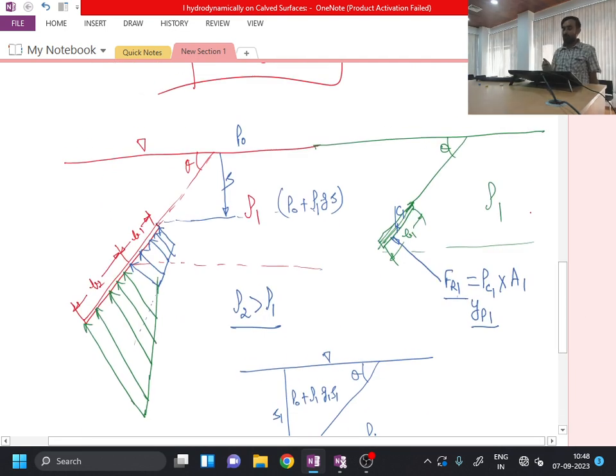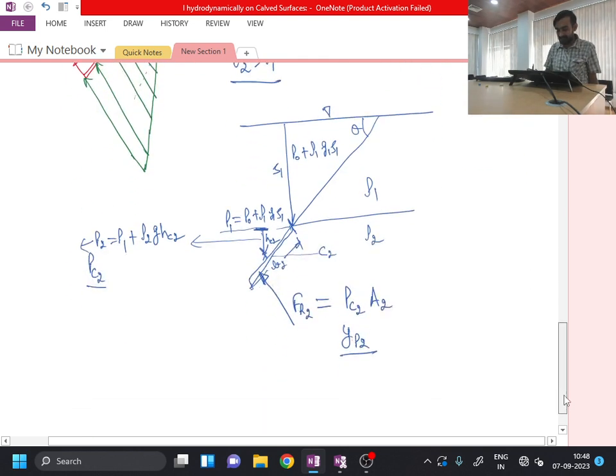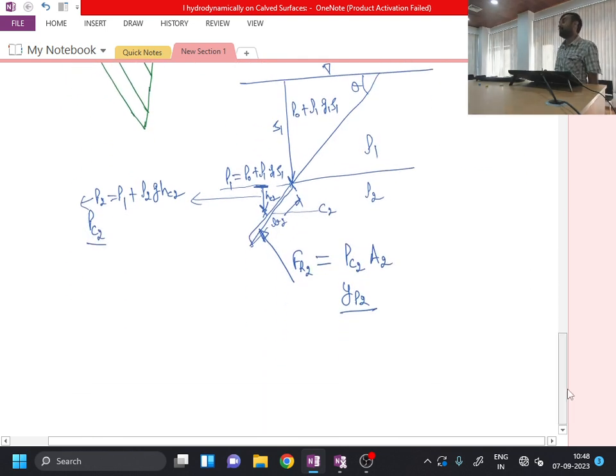Okay, so now when I have Fr1 and Fr2, I can determine the net resultant force, which will be nothing but Fr1 plus Fr2. Okay, why will the net resultant force be just a summation?